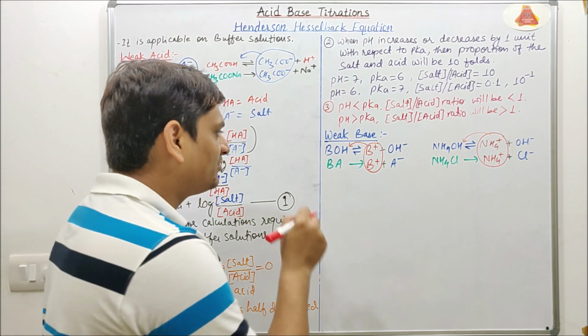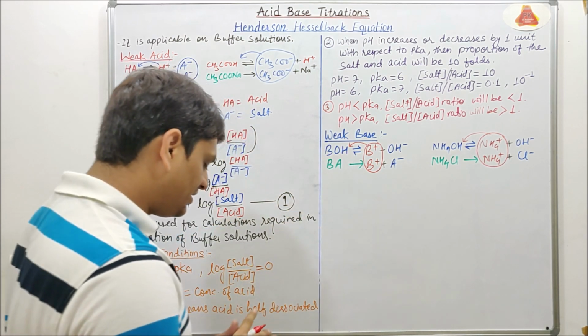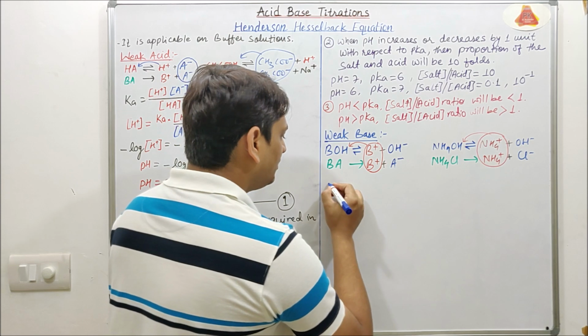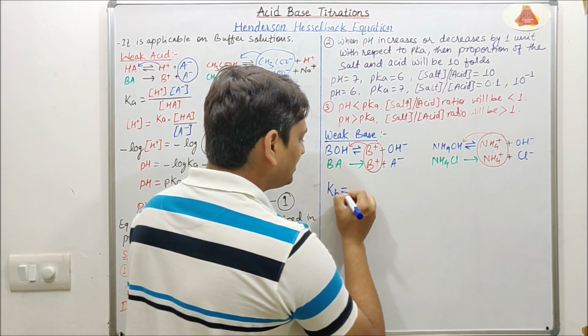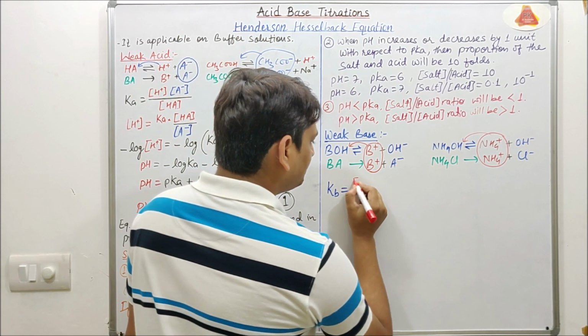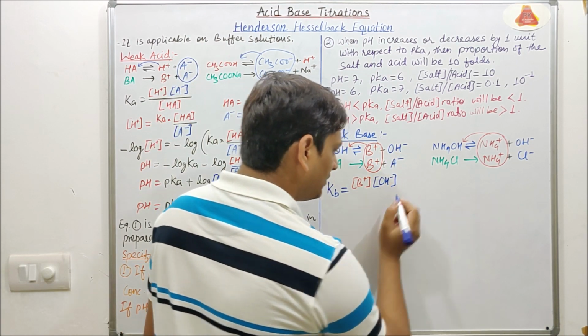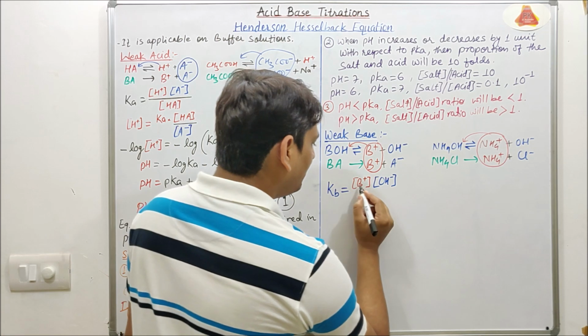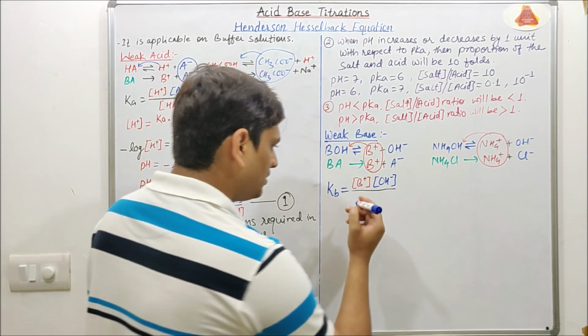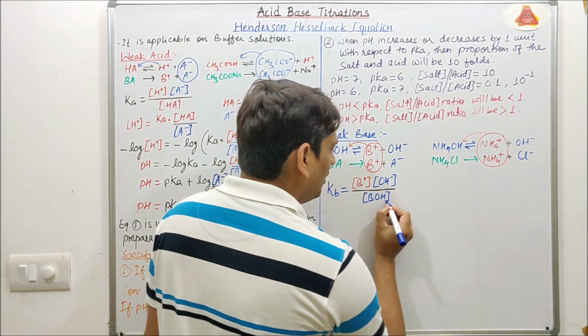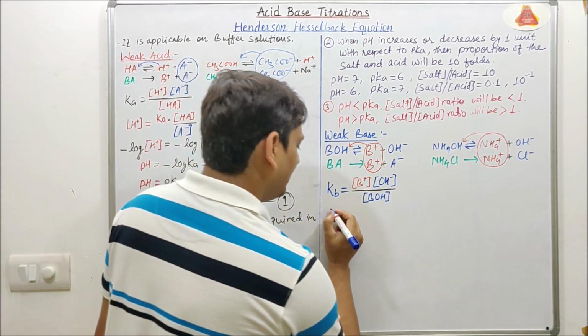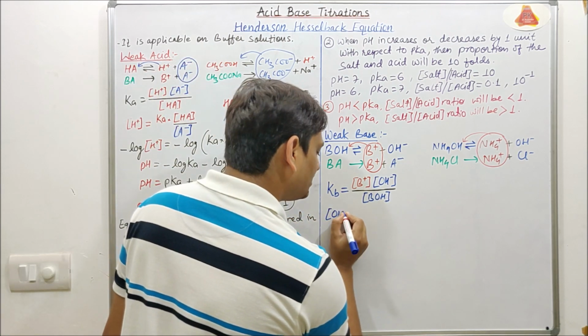Now apply the dissociation constant for this reaction. So it will be Kb is equal to B plus into OH minus divided by BOH. So here we will arrange this equation as per the requirement of OH minus ion.